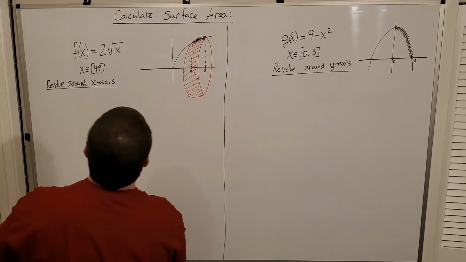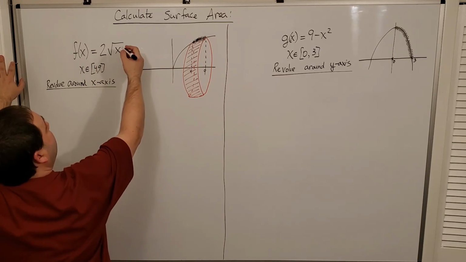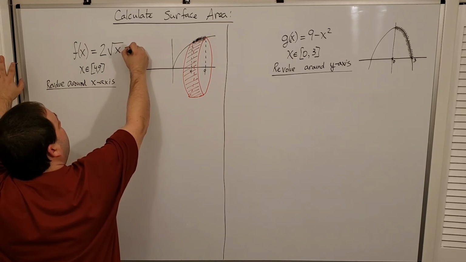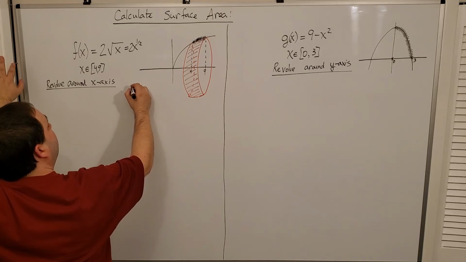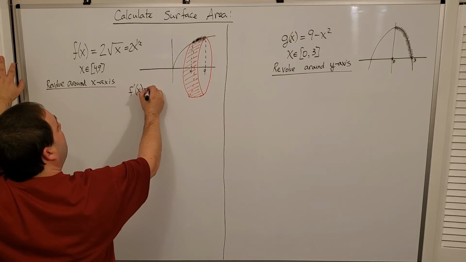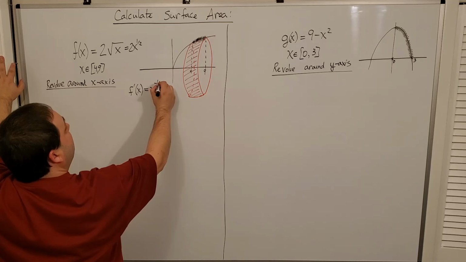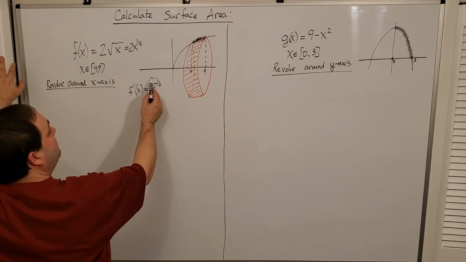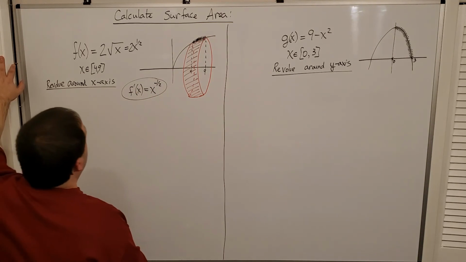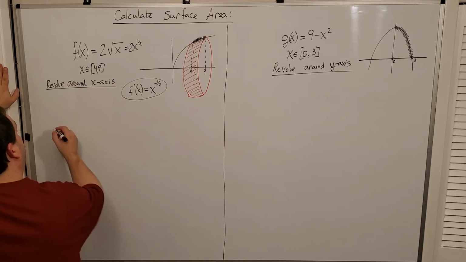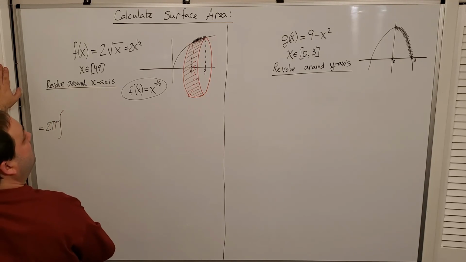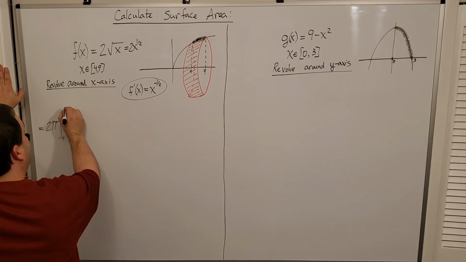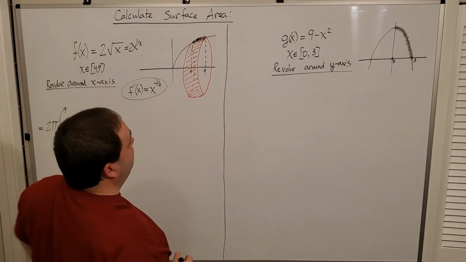So let's start with finding the derivative here. Of course, f of x is equal to 2x to the 1/2. So f prime is just x to the negative 1/2, right? That's my derivative. So I'm going to set up my integral here for surface area. I have 2 pi times the integral from 4 to 9. Now I need a radius function.